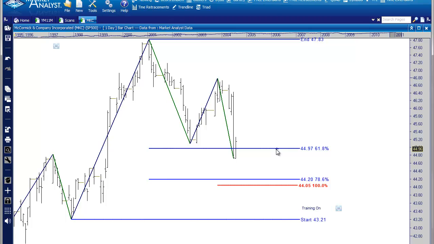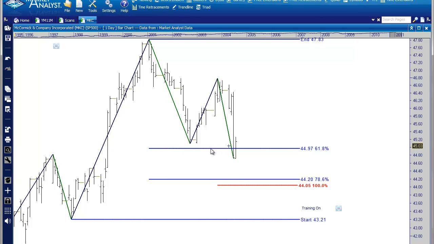However, that's not what we have here. We have the price extension projection landing right beside the 78.6% retracement. So this is what we call a trend continuation Gartley at 78.6.